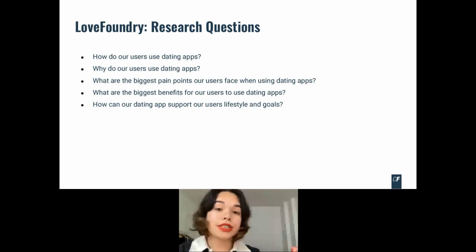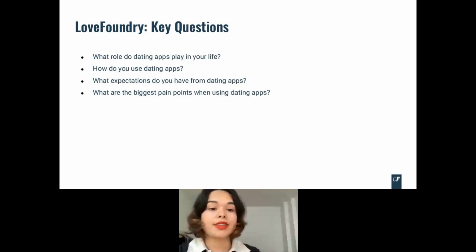So, based on these research goals and questions, I formulated 4 key questions. And the key questions are: what role do dating apps play in your life? How do you use dating apps? What expectations do you have from dating apps?